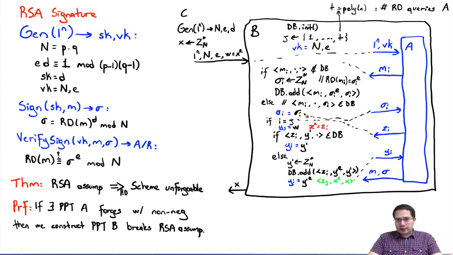Now, the problem is, if the adversary queries for a signature on z star: for z star, we know the random oracle output, but we don't know the corresponding signature.